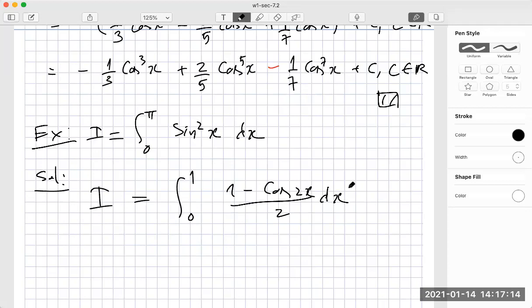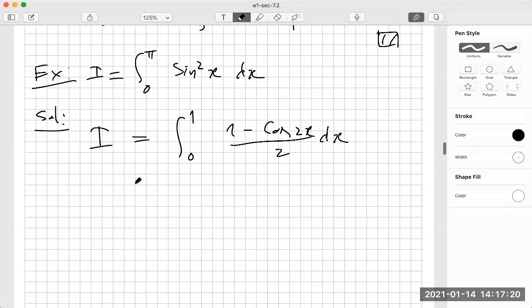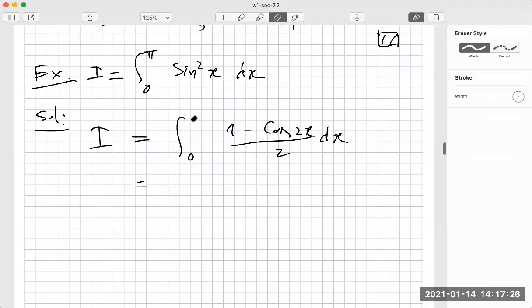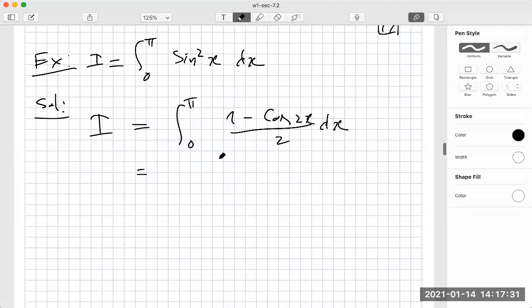So now, this integral becomes a lot easier, right? Okay. Can you help me to continue solving it? Oh, it is from 0 to pi, right? What should we do?